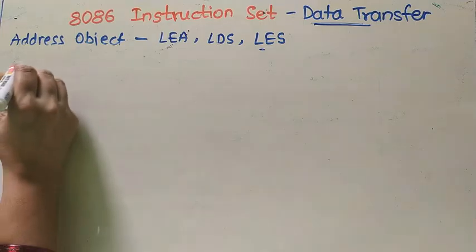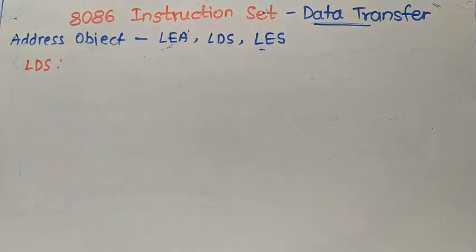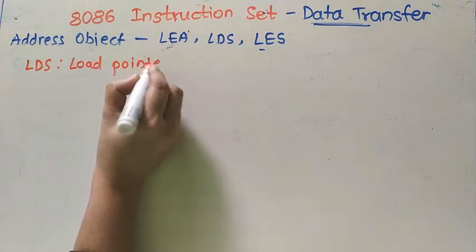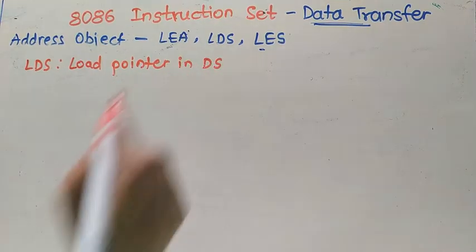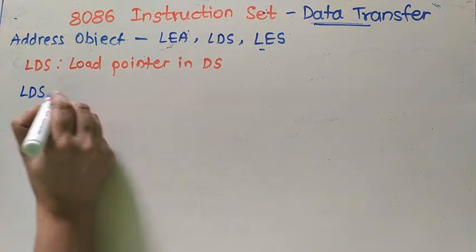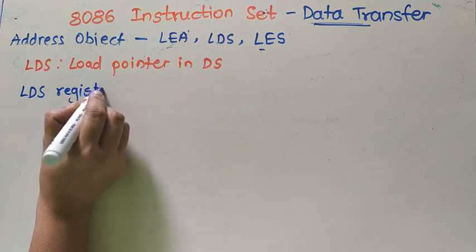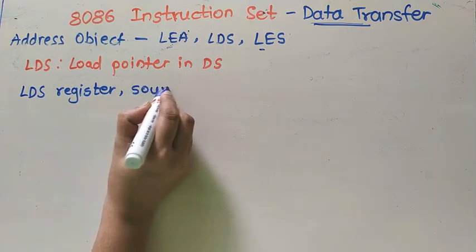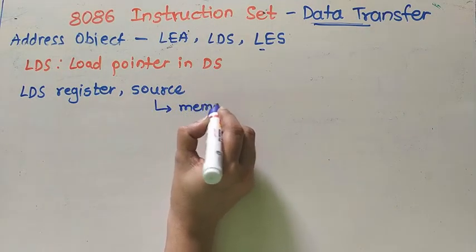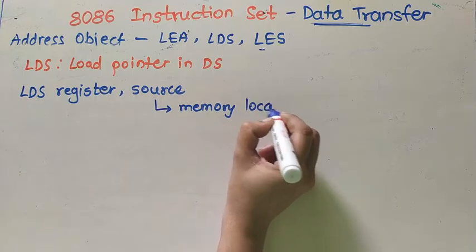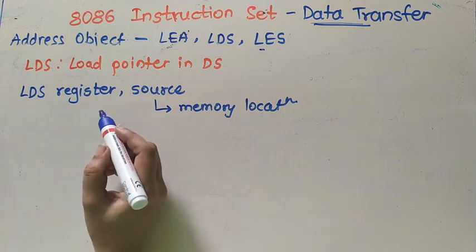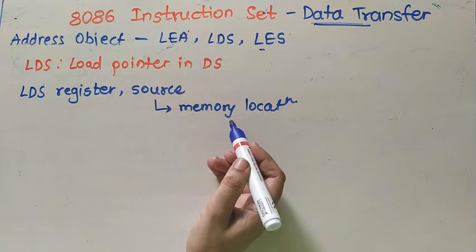Second is LDS. This LDS is nothing but load pointer in DS. The mnemonic of this instruction is LDS register, source. Here the source is always a memory location, and the DS register is used as the segment register for this memory.